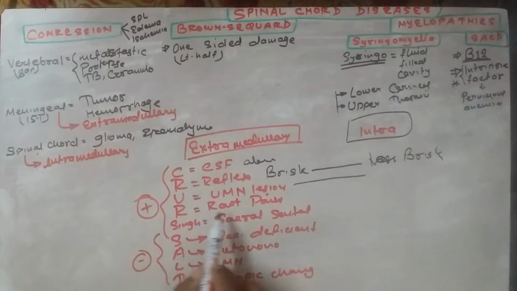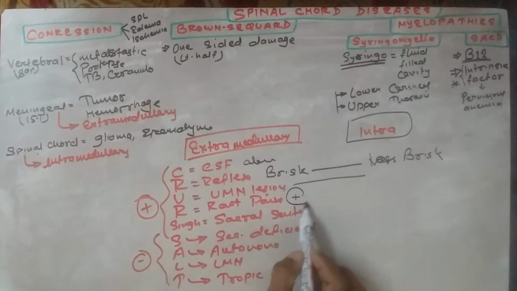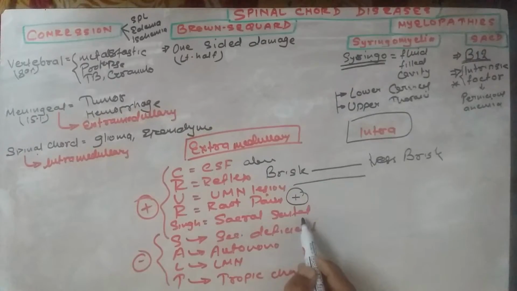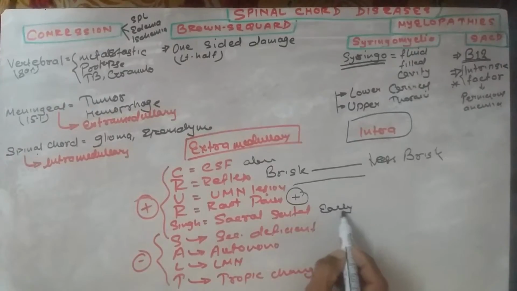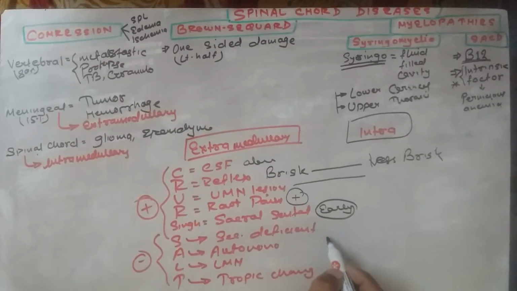Then we saw that root pain is present as an early presentation in extramedullary, and sacral sensation is usually lost very early. The secondary deficit syndrome is usually not present, or maybe a very late presentation.